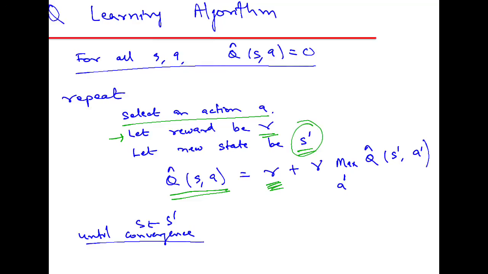So at S prime, I have an estimate of a lifetime reward for every action A prime. So if I was to take an action A prime which maximizes this future reward and discount it with gamma, that's my new estimate of the reward using the optimal policy at S comma A. Is the algorithm clear?